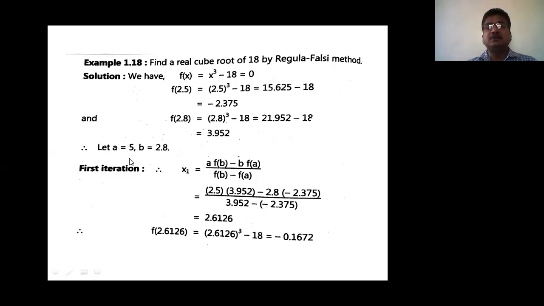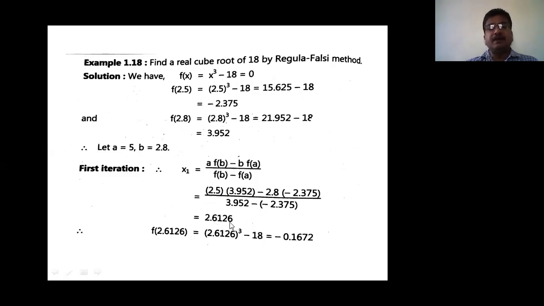So take a as 2.5 and b as 2.8, and then use the formula x1 is equal to (a f(b) minus b f(a)) divided by (f(b) minus f(a)). By using this formula, the first approximation is 2.6126.